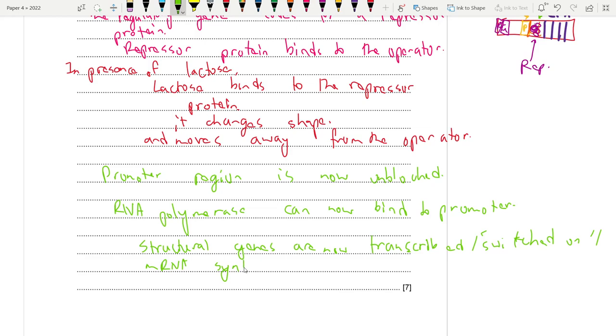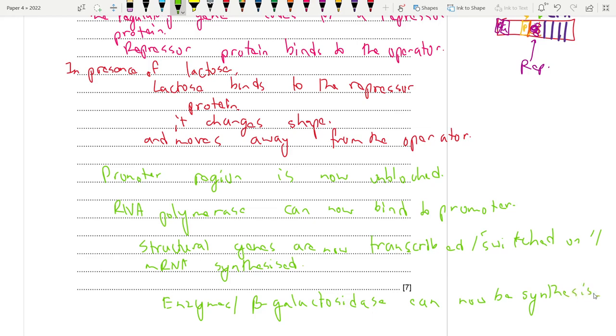Or the mRNA is now synthesized. So enzymes, or you could talk about beta galactosidase, a named enzyme, can now be synthesized.